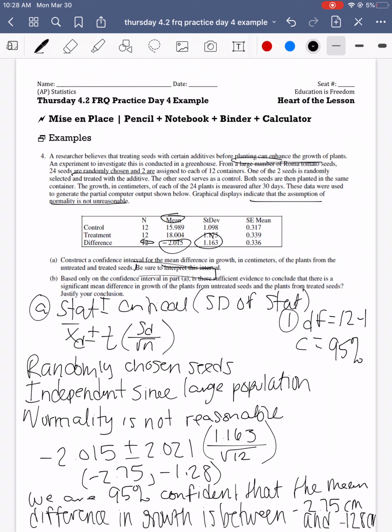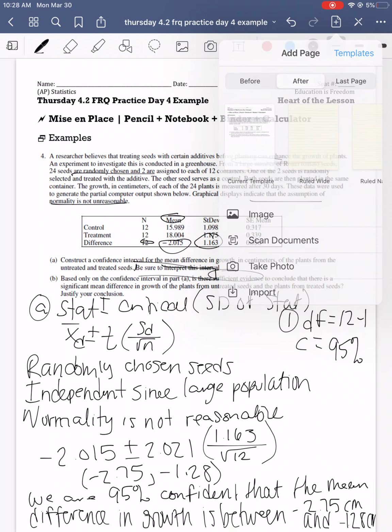So it says, based on the confidence interval in part A, is there sufficient evidence to conclude that there is a significant mean difference in the growth of plants from untreated seeds and the plants from treated seeds? So here, they're asking you, is there a significant difference? But it's asking you to use the confidence interval to justify. So it's not necessarily saying we want you to conduct a significance test. They want you to use the work that you've already done to make a conclusion.